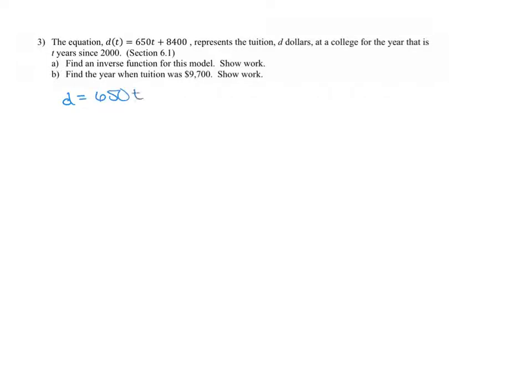Now, when we talked about inverse functions, we said our next thing to do was to flip our variables, meaning D would become a t and t would become a D. We only do that when we talk about x and y's, because x and y are generic and don't have any special units associated with them.